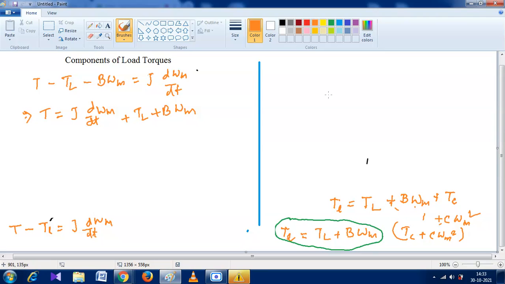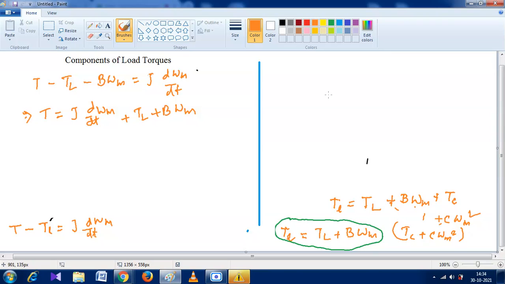And when the motor is rotating on ball bearings, some friction is present. There are types of friction: one is viscous friction, which is proportional to the speed; another is Coulomb friction, which is independent of speed; another is windage friction, which is proportional to the square of the speed.